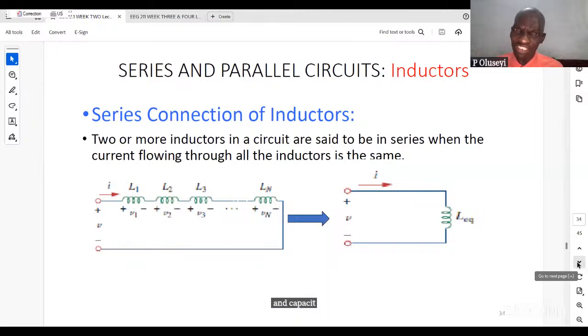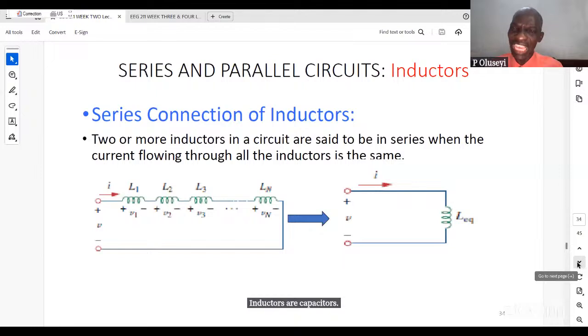So we have looked at resistors at a wider range because they have many responsibilities in our electrical activities and operations. So we want to look at inductors and capacitors.